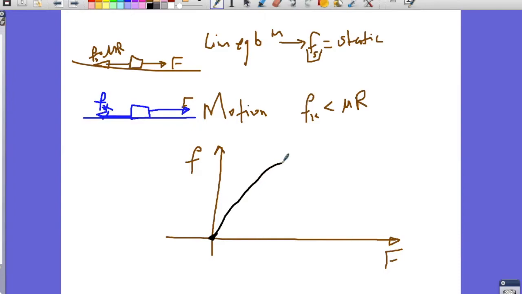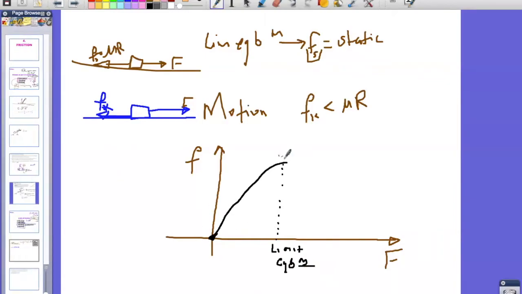So when it reaches this maximum value at limiting equilibrium, what happens is when you increase this force a little bit more, the frictional force will decrease a little bit before it then stays constant. Okay? We already saw that in our demo last time.